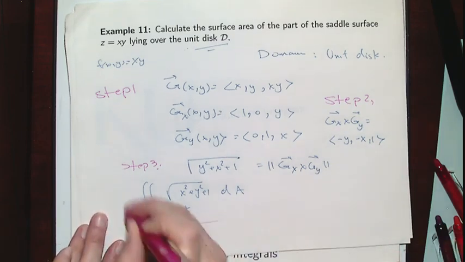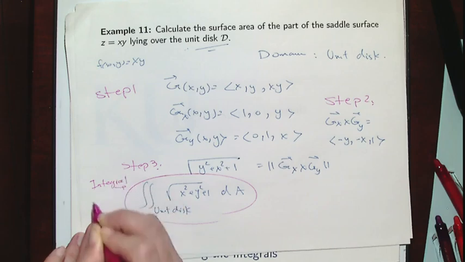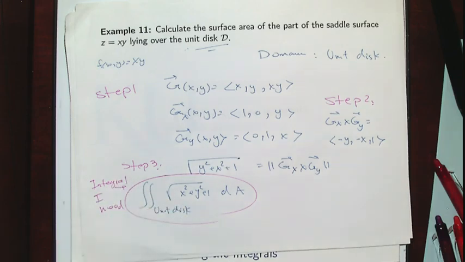This is the integral I need to integrate. But this integral is over the unit disk. Who lets you do over the unit disk without transformation? No one, I tell you, no one.